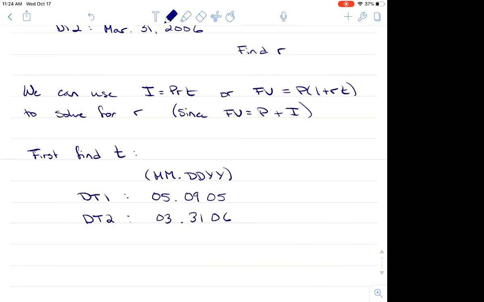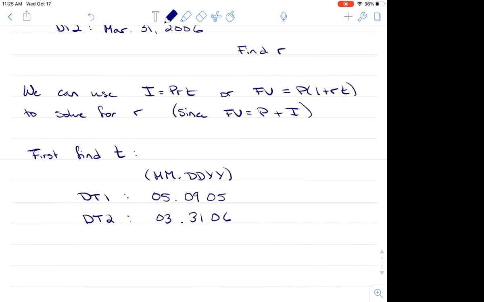Yeah, it's just how the calculator takes it. It just won't do it. You can try it, but it won't recognize it as anything. So if you did 05.09.05, enter, I think it just ignored it.